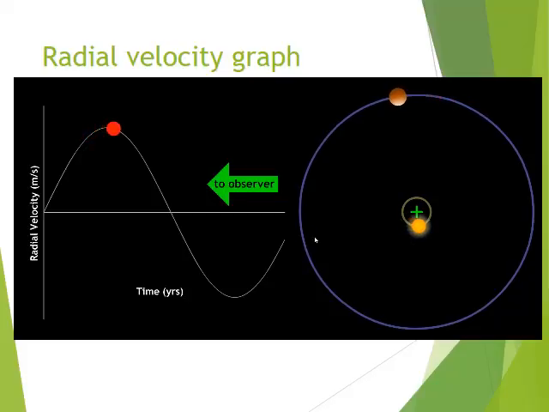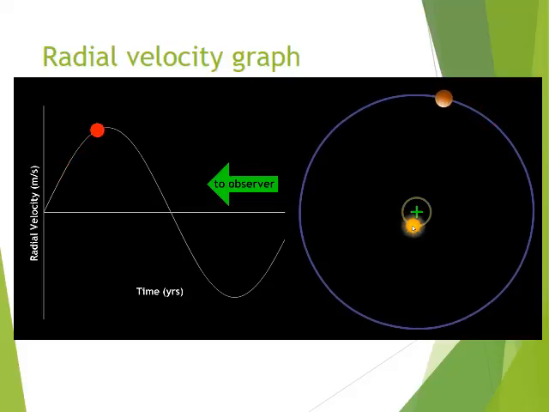But what I want you to notice is that the observer is looking at the star, and the star appears to be moving toward the observer. Right now, in fact, moving toward the observer. And now the star appears to be moving away from the observer. And that's what astronomers look for.